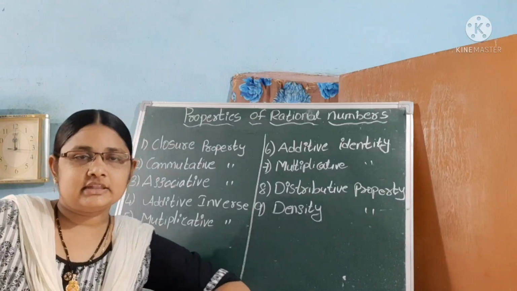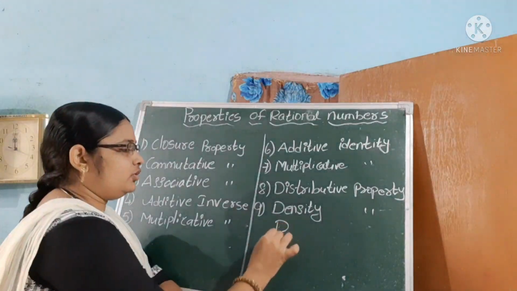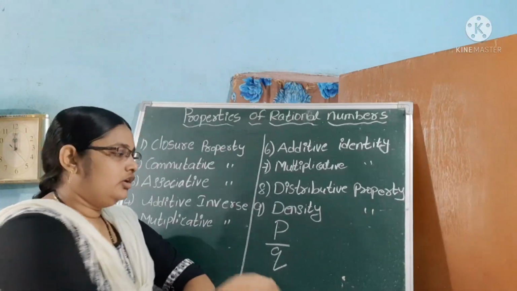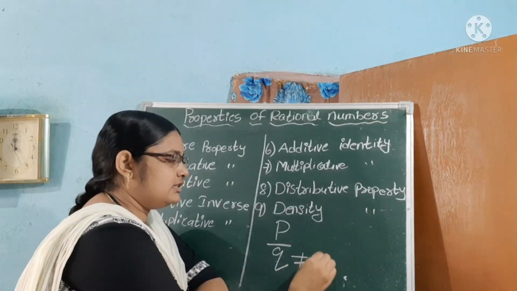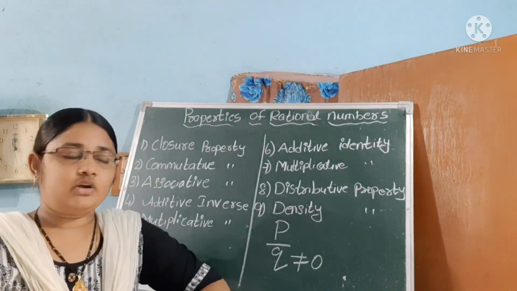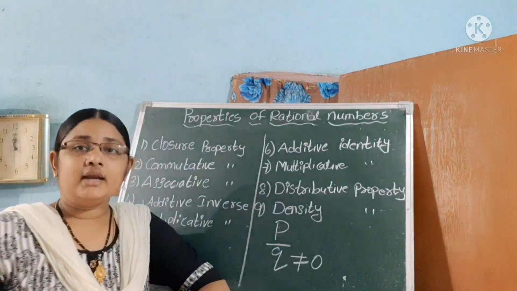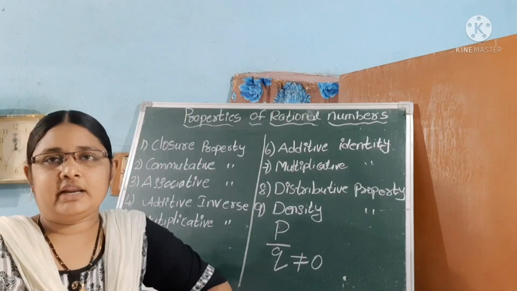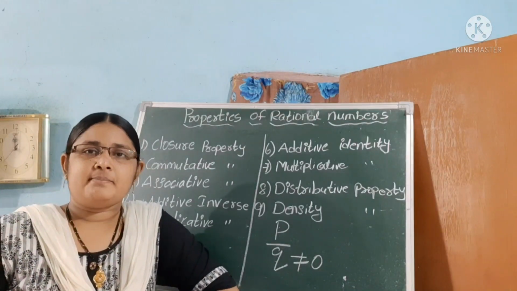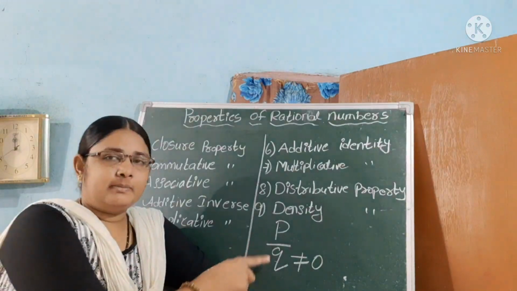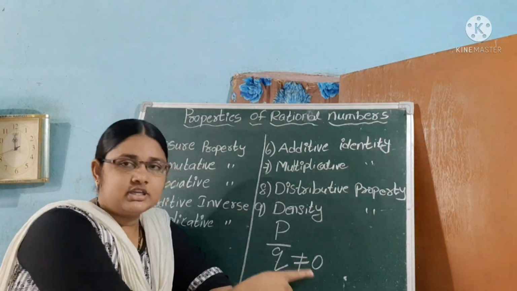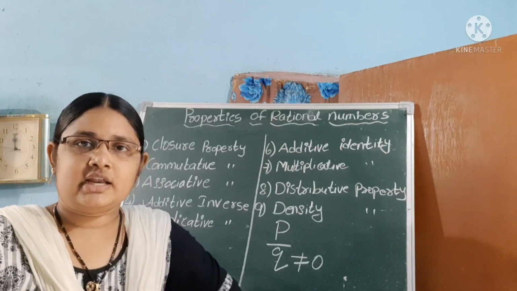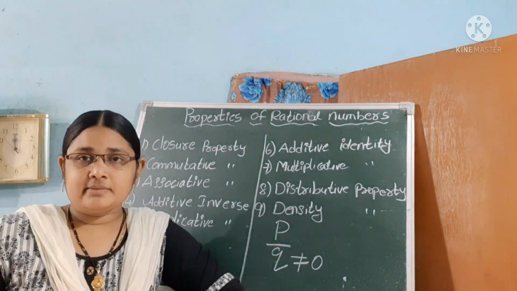That number is in the form of p by q and q is not equal to 0, and p and q are integers. Is it clear? Shall I start today's topic, properties of rational numbers?